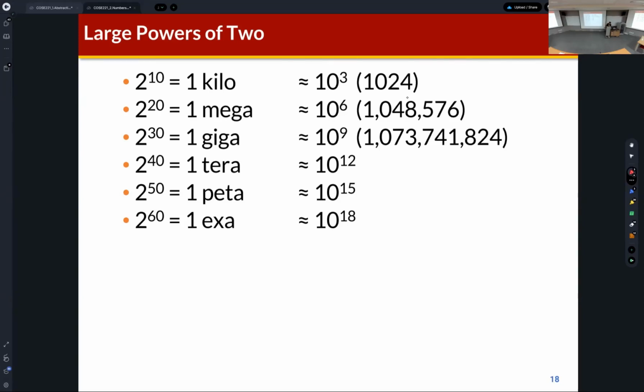Just to memorize it: 2 to the power of 10 is equivalent to kilo, like K. You may think that in the decimal number system, kilo means 10 to the power of 3, the 1,000.